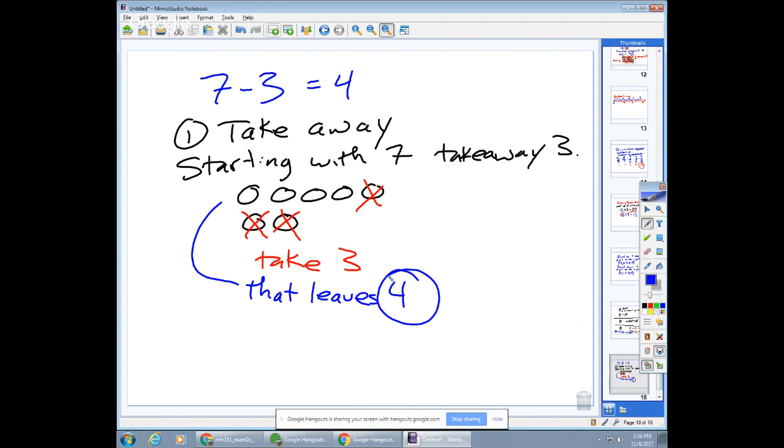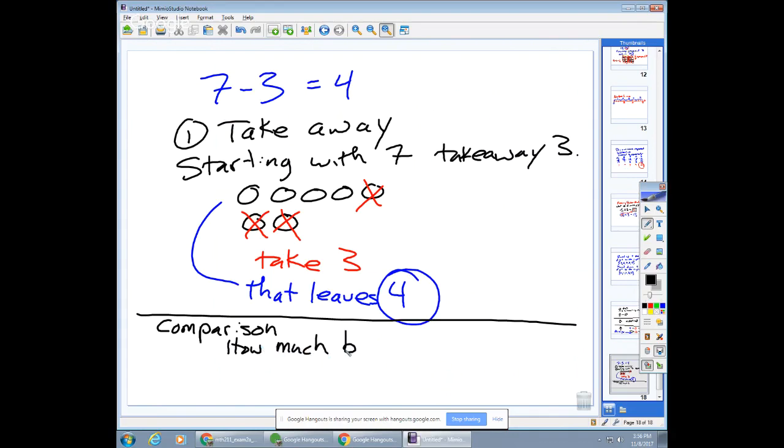Comparison's a little bit different. With comparison, we want to know how much bigger is 7 than 3. So here I actually have to draw both sets out. So there's my 7. I try to line it up with my 3, and then I just pair them off.